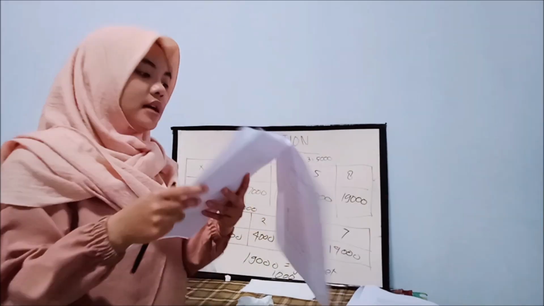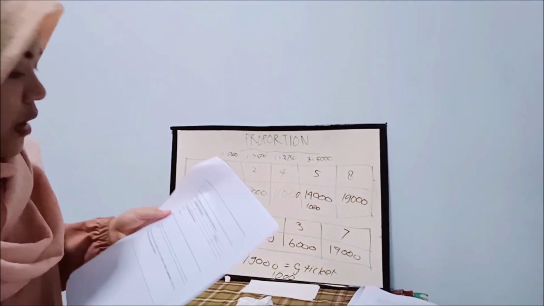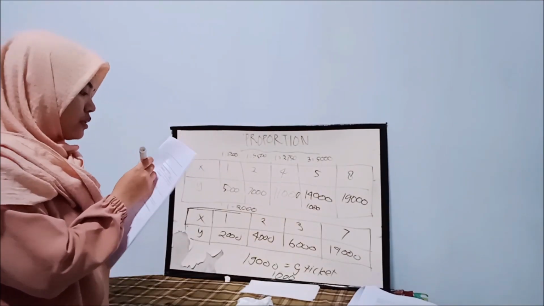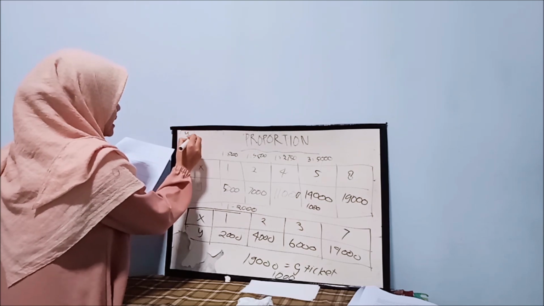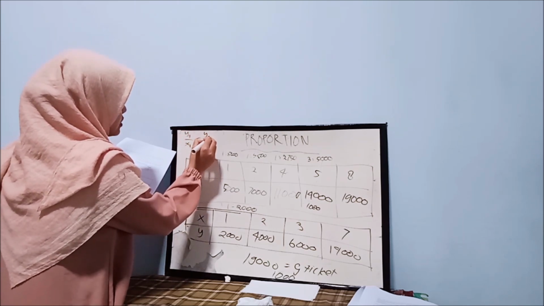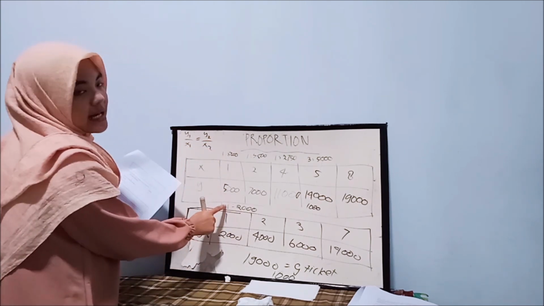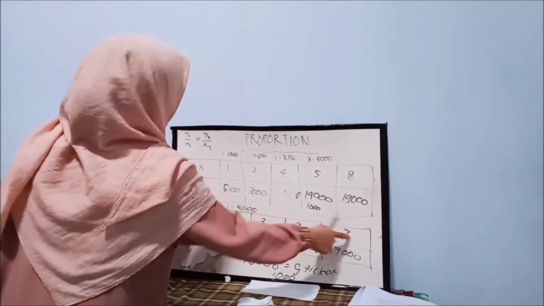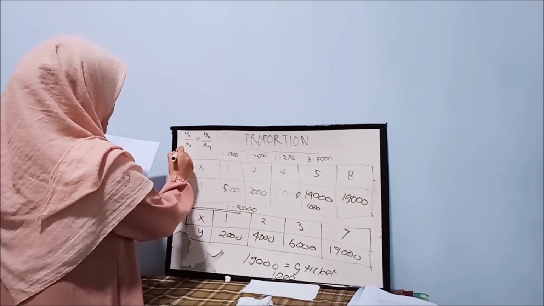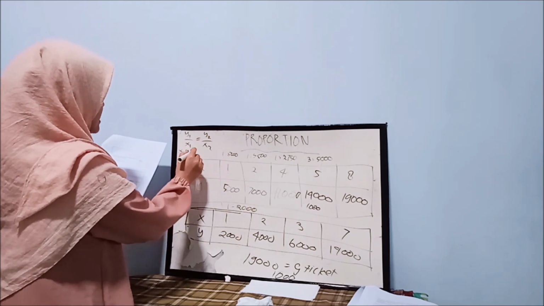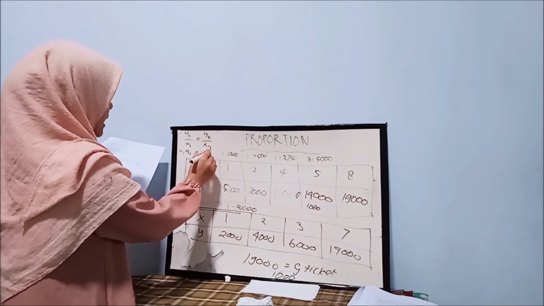And the relationship between y1 and x1 is: y1 over x1 is equal to y2 over x2, because we have the same ratio for this and for this.